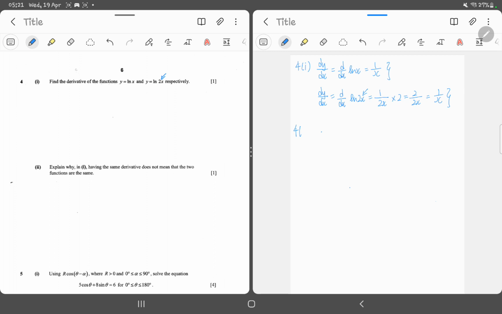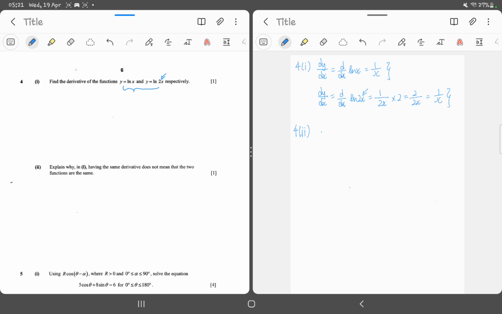For part II, explain why having the same derivative in part I does not mean that the two functions are the same. Okay, so you can clearly see that both functions are not the same.